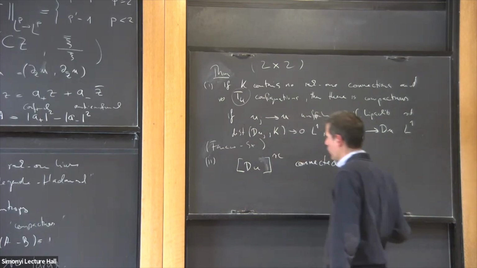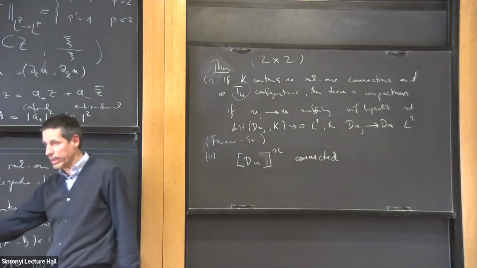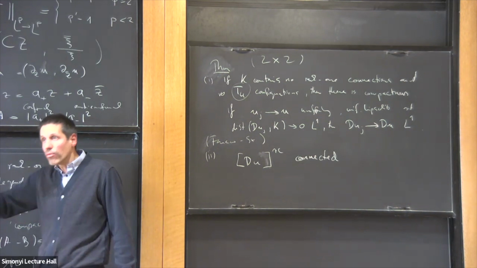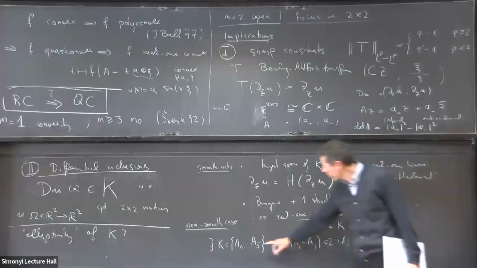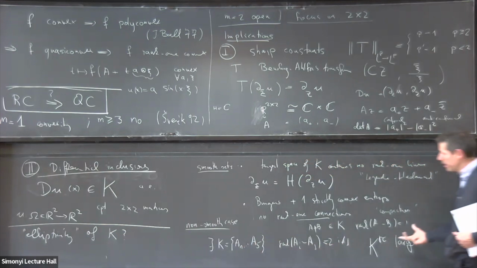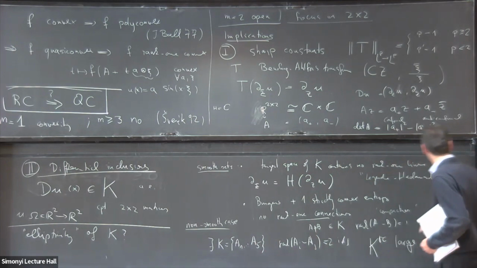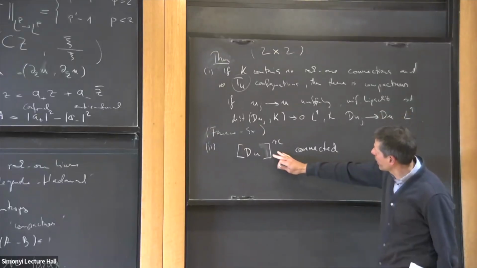So this looks like a weird statement, but it tells you that you cannot have large jumps in the gradient without having rank 1 lines somewhere in the process. Even though you can have something like this, the rank 1 convex hull is connected. So it just tells you that this is the only type of configuration that you can have. Of course, you can have the opposite.